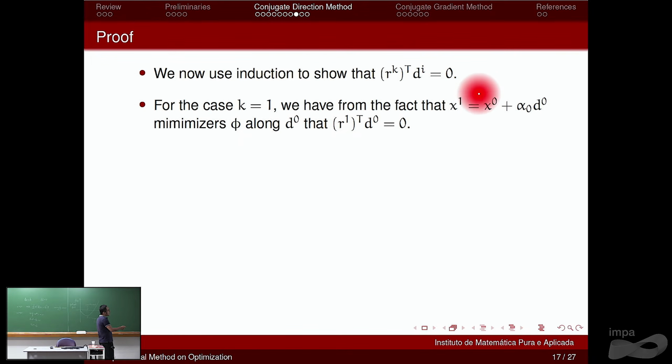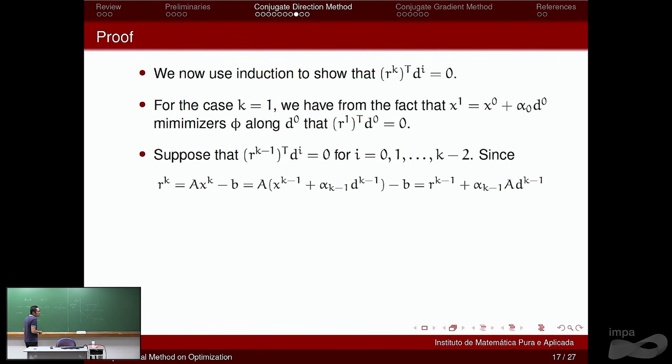Actually, this is exactly the minimizer of phi along d0, because alpha 0 is from the exact length search. Of course, you can check this by a very simple computation, in two ways.